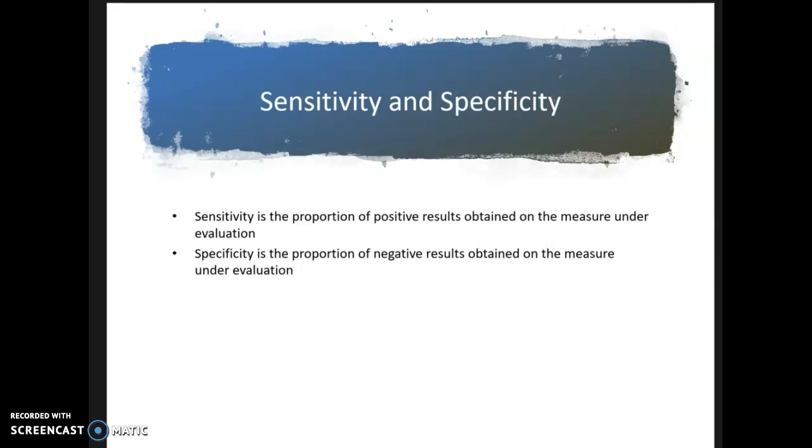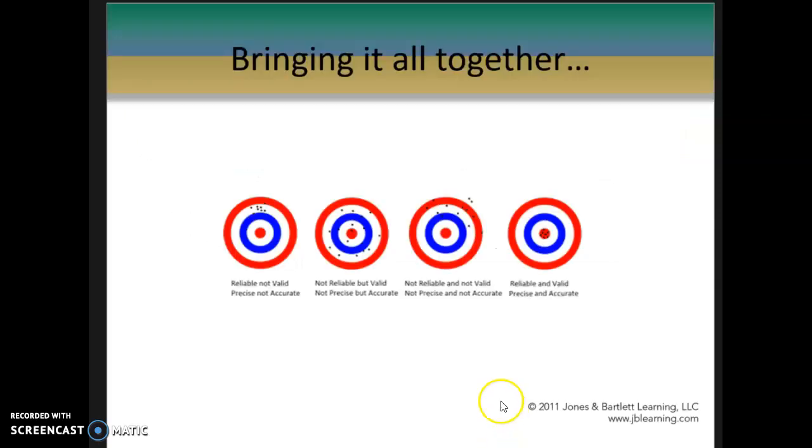And specificity is the proportion of the negative results obtained on the measure under evaluation. So let's dive into that, because that seems sometimes confusing. So let's change the words a little bit to precise and not accurate, or precise but accurate, those types of things, when looking at the context of reliability and validity.